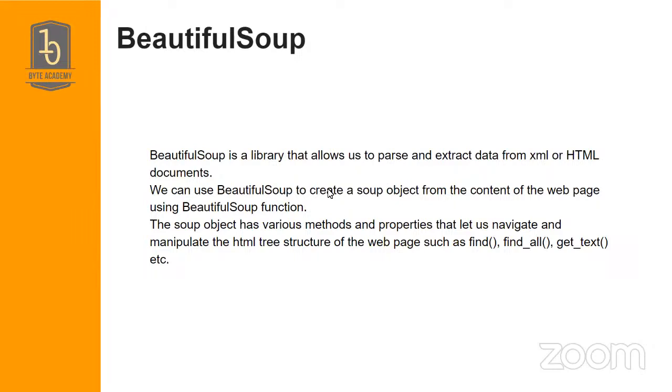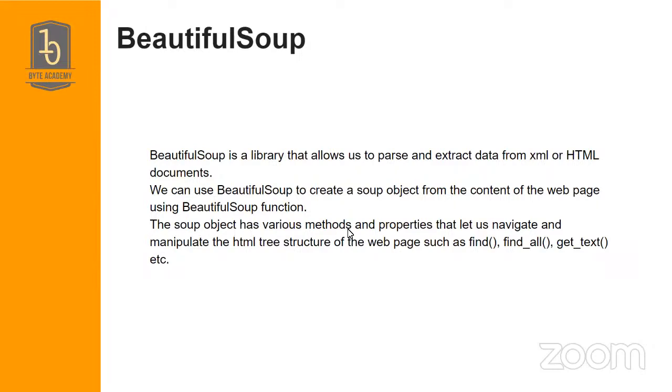We can use the Beautiful Soup function to create a soup object from the content of the web page. This we will see in the practical. I have a live example that I will run, and I'll show you how Beautiful Soup creates a soup object and how we access the content of the web page from that.